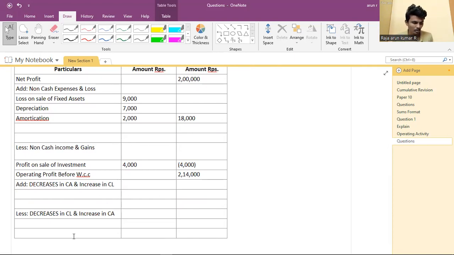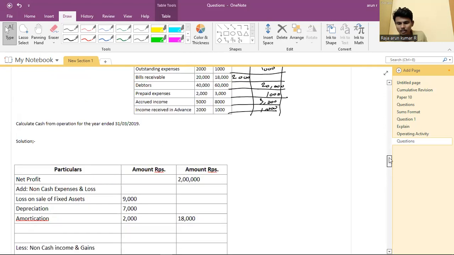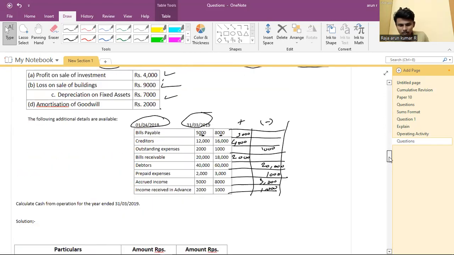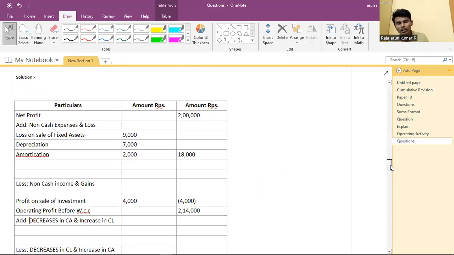What are the items? I said before. There are three transactions: bills payable, creditors, and bills receivable. Before doing the sum, you must work out like that.